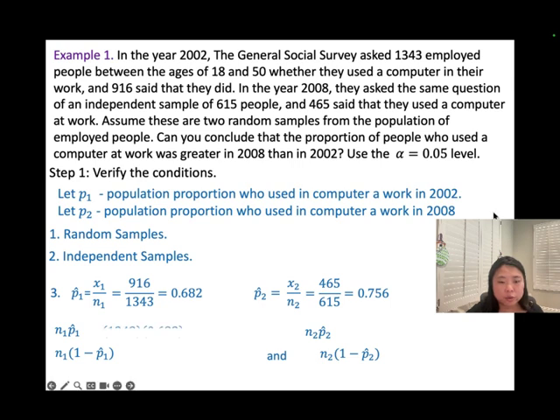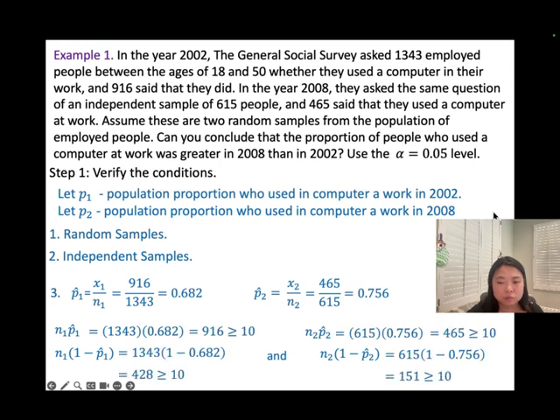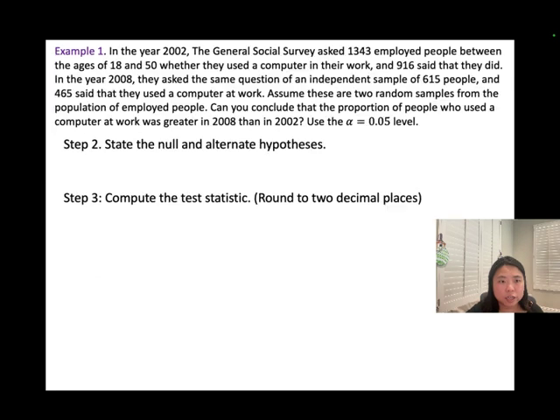Okay, check your work. Step 2, state the null and alternate hypotheses. First, we're going to state the original claim.